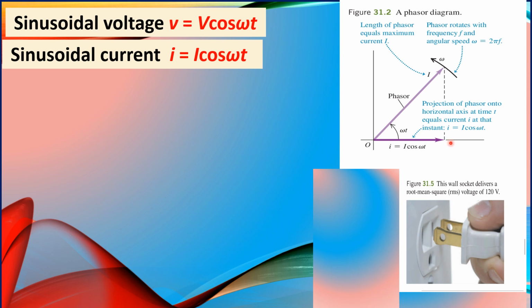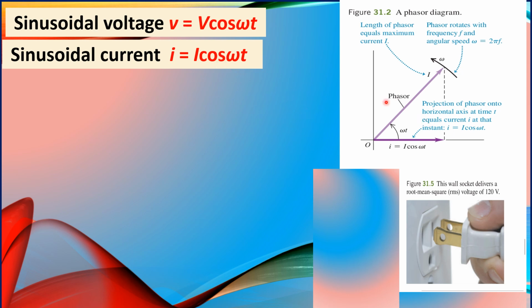And if you're going to represent the value of that current, the projection of the phasor along the x-axis, we just multiply the value of the maximum current, capital I, and the cosine of the angle omega times t. So that's the reason why the equation for determining the instantaneous current i is expressed in the cosine function.